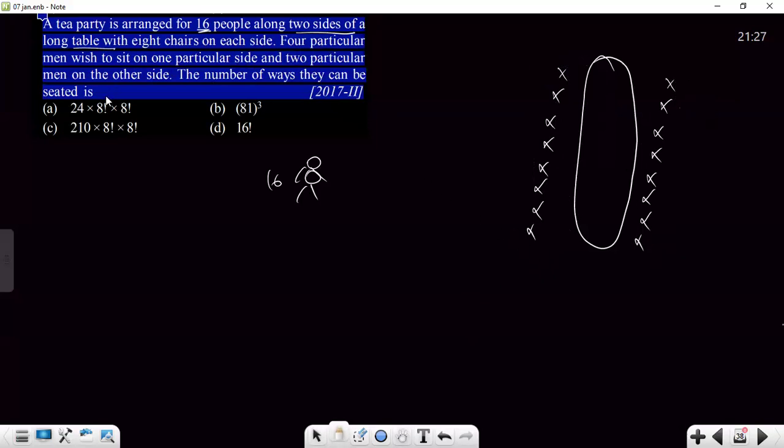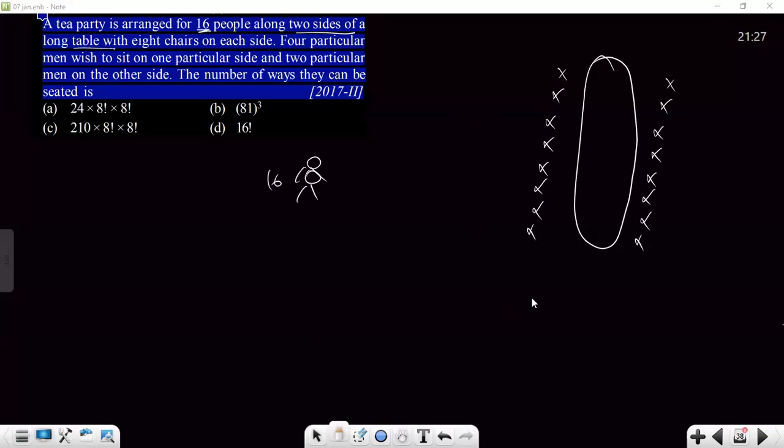Four particular men wish to sit on one particular side. Out of this 16, four will definitely sit on one side, sharing a side. Let's assume in a scenario we are sending four people on one side.